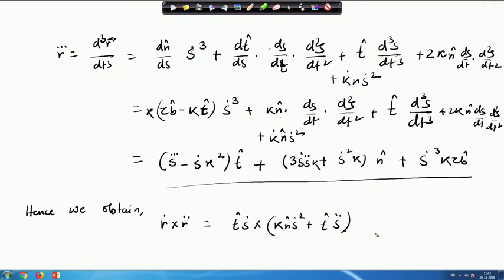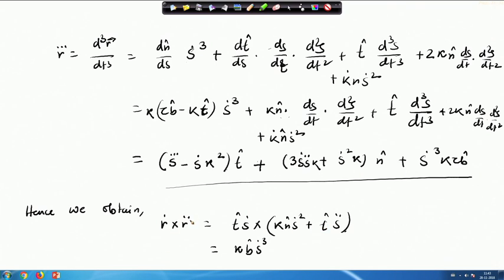If we take the cross product, then this will be s dot to the power 3, and then t cross n will be our b. So ultimately I am able to write this as kappa times b times s dot cube plus t cross t, which will be 0.